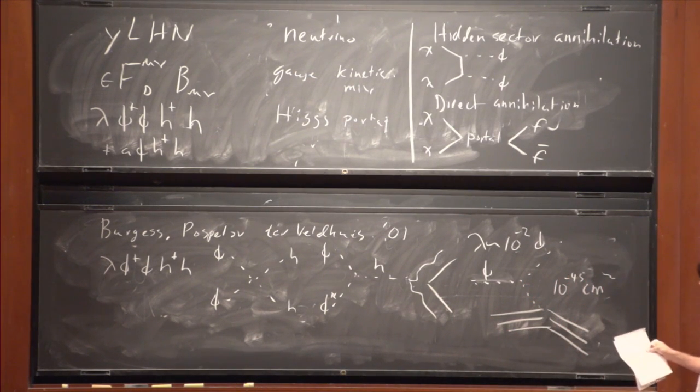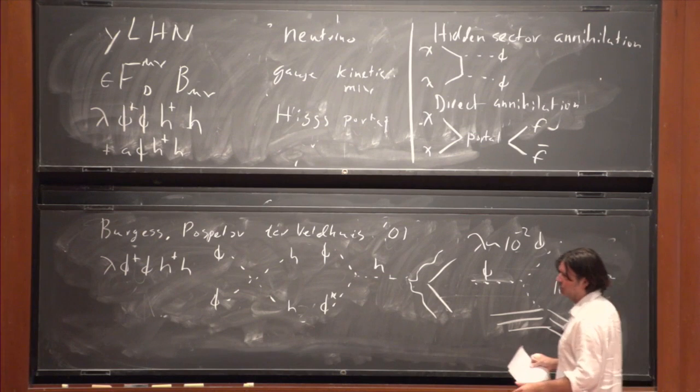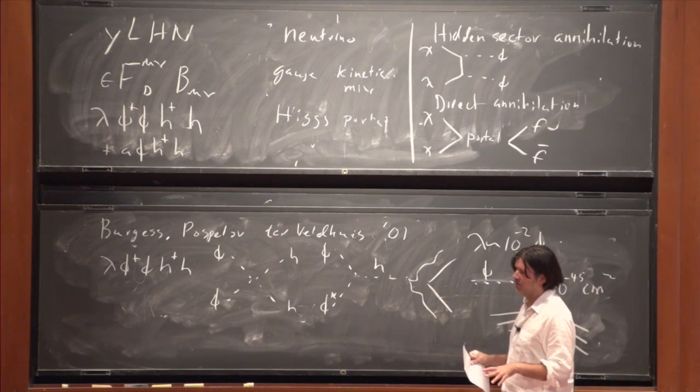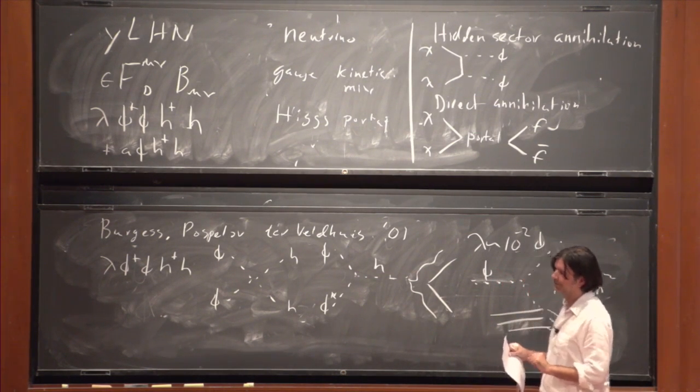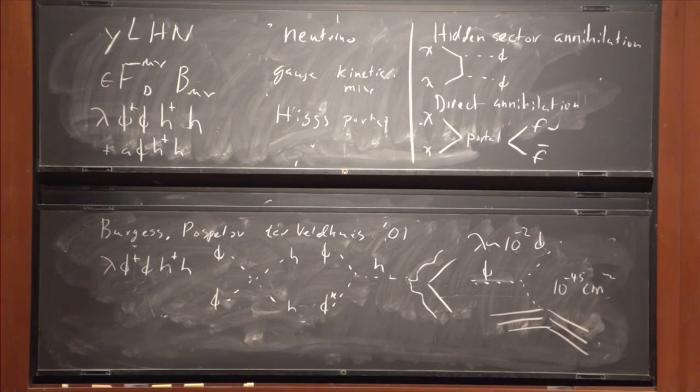And all these things are contributing. Overall, the coupling constant of the Higgs to nucleons is about a factor of a few down from m proton over v. So it's about 10 to the minus 3, the effective one.